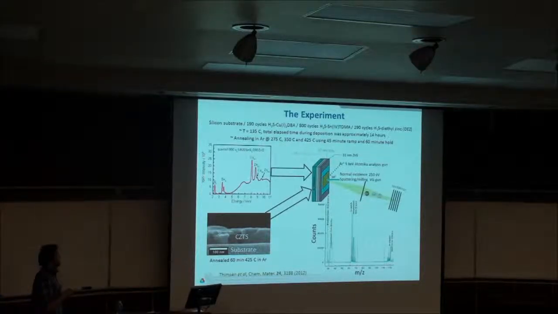Then you can recalculate, using the number of cycles and areal densities measured by XRF, the expected thicknesses of each of the sulfide binaries grown by ALD. We also do these annealings and look at these samples by doing the same dual beam high resolution time of flight mass spectrometry. These are typical mass spectra for our samples.